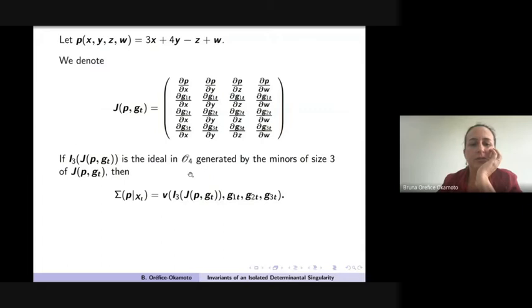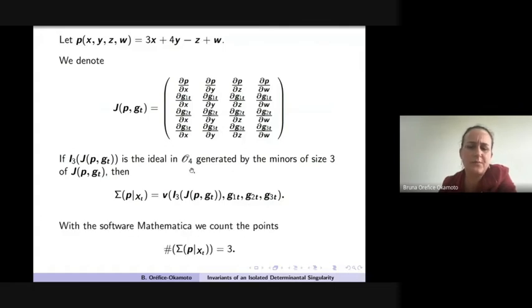And then the singular set of P restricted to X_t is equal to the variety of the minors of size 3 of this matrix and of the germs which define the X_t. Then I used Mathematica to count the points here, and I get 3. The number of points here is equal to 3.